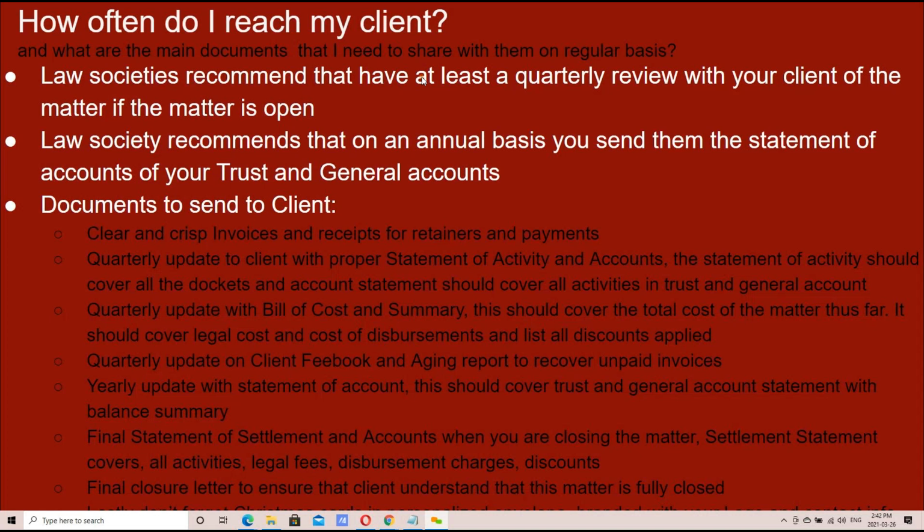And the fourth would be a closure letter that is very articulated, that clearly talks about a logical closure to the matter. These would be the four documents that you probably should keep in mind to have in your arsenal or toolkit that you use to correspond on a continual basis with this customer. Of course, in addition to the invoices that you'll be sending them during the life cycle of the matter itself.